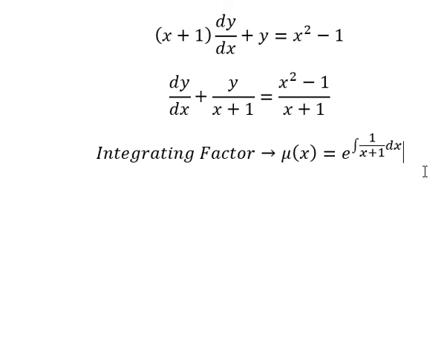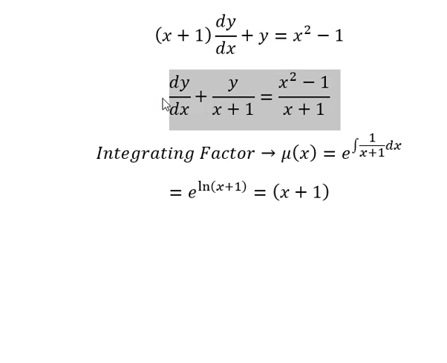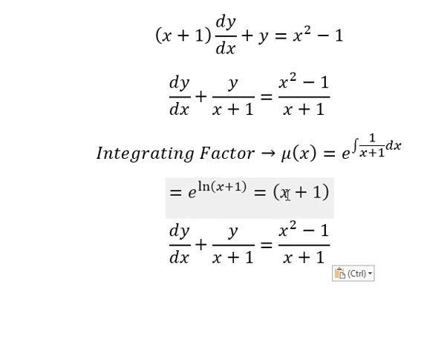The integration of this one gives us ln of s plus 1, and we have s plus 1. That means we multiply both sides by this one.